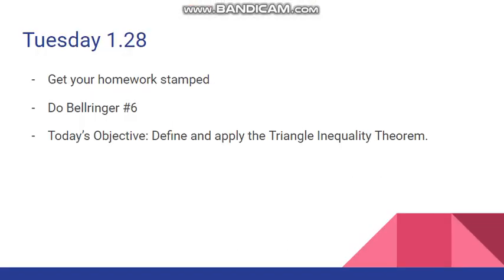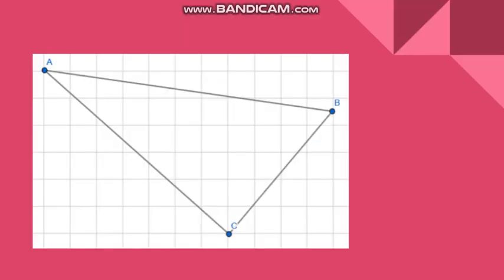So today we are going to use the triangle inequality theorem. We're going to start out by measuring these sides, and again, I have done that for you. So it says we're going to write some inequalities. We're going to add the two sides together and then write an inequality about how it relates to the third side.